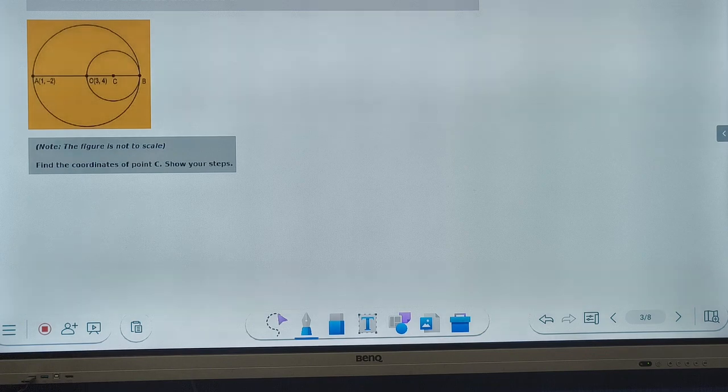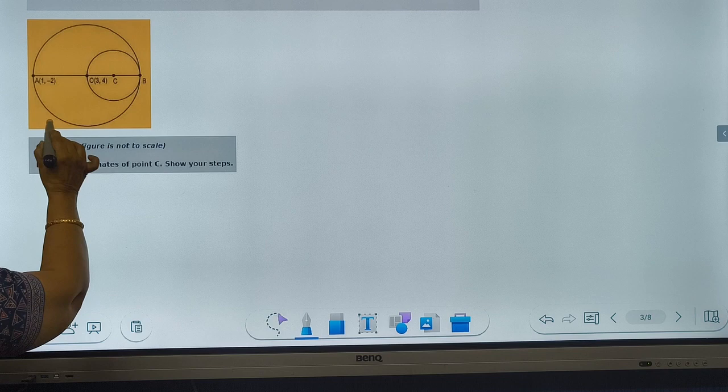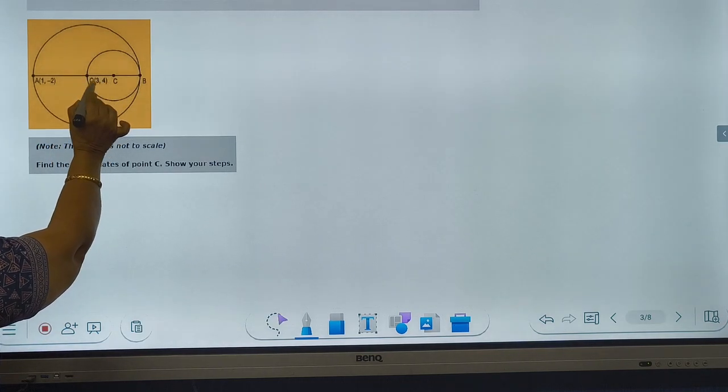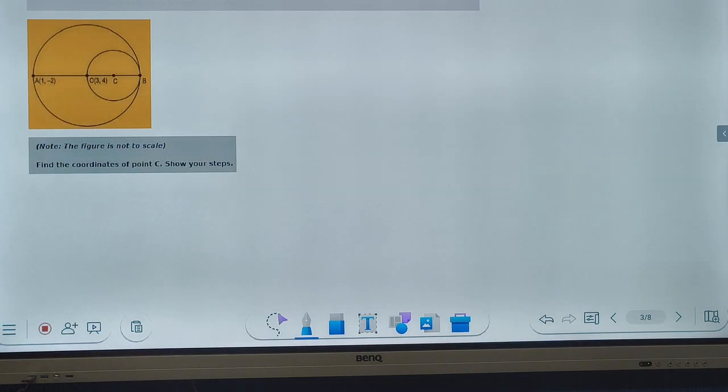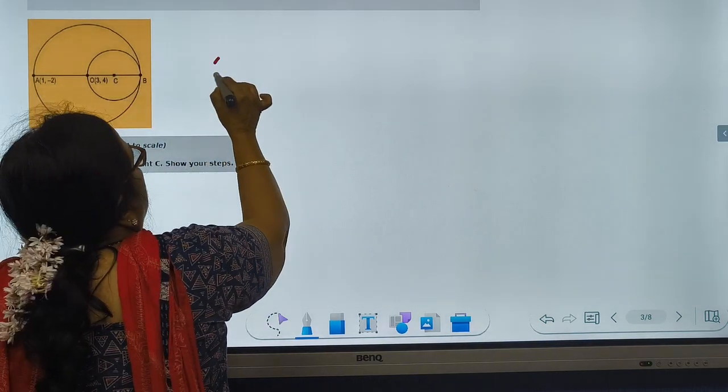Now look at the figure. Next problem. AB is the diameter of the bigger circle, while OC is the radius of the smaller circle. OB is the diameter of the smaller circle. Okay. So first here, O is the midpoint of AB. What do you observe?